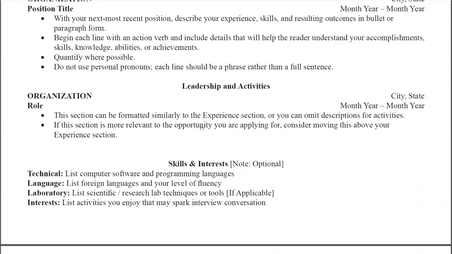Now, next thing, skills and interests. So however, these things are optional, but it is important to include these sections, being a recent graduate, because they are important to portray a positive image of your professional personality. So, for example, you may mention the technical skills you have.